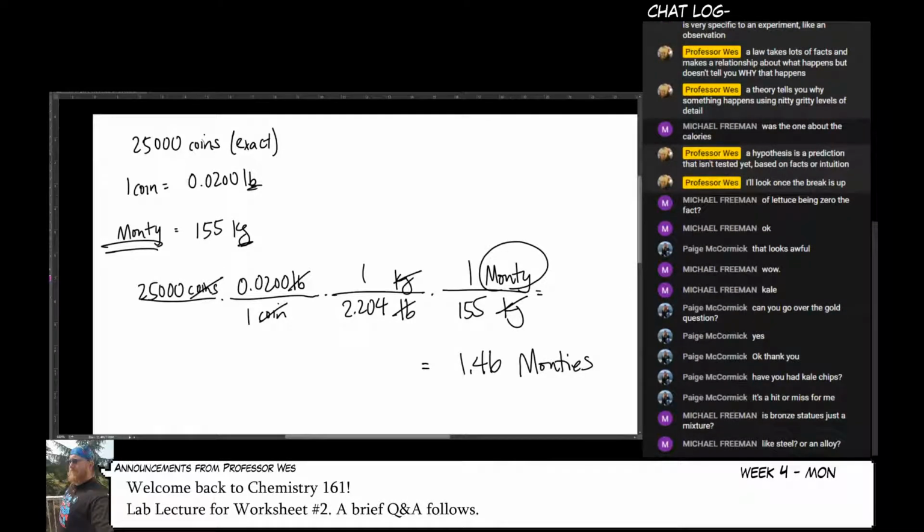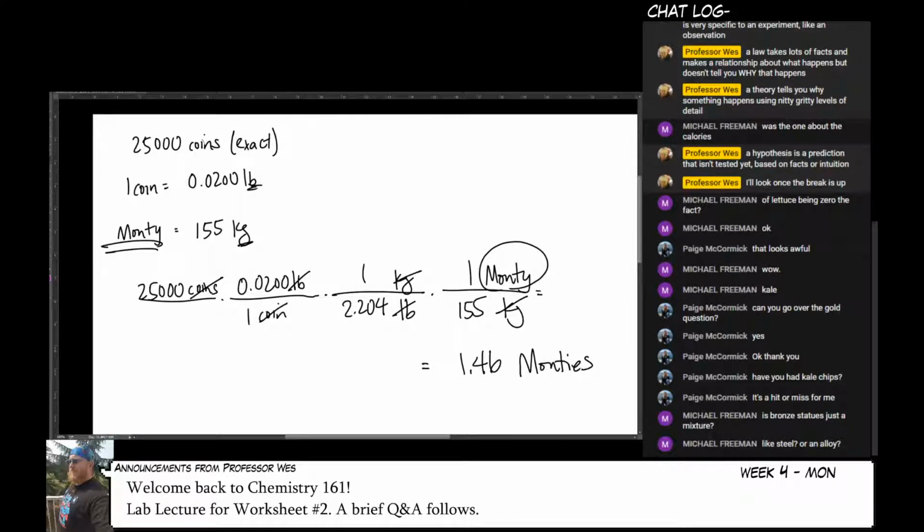Is bronze statues a mixture? Yes. So a mix. All alloys are mixtures. So bronze is a mixture of tin and copper. And if you aren't sure if something is a mix or an alloy, you can do two things. One, look for it on the periodic table.